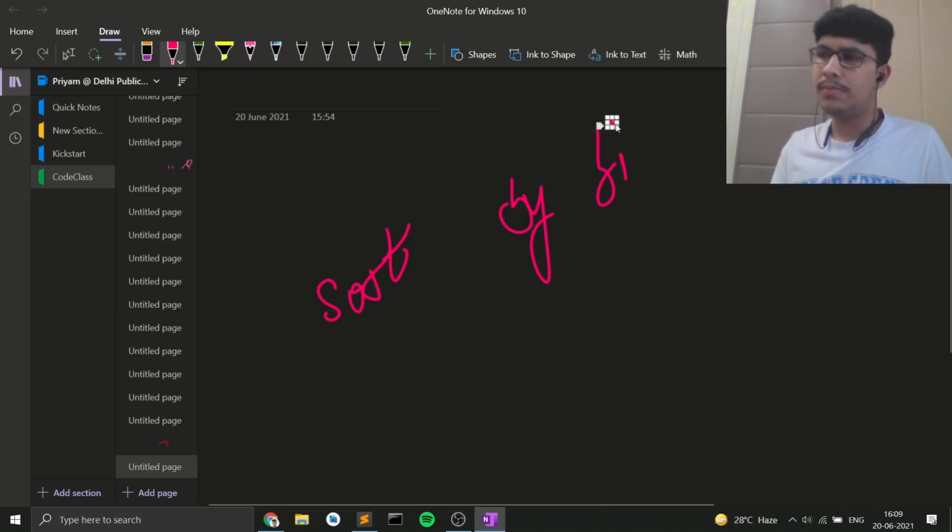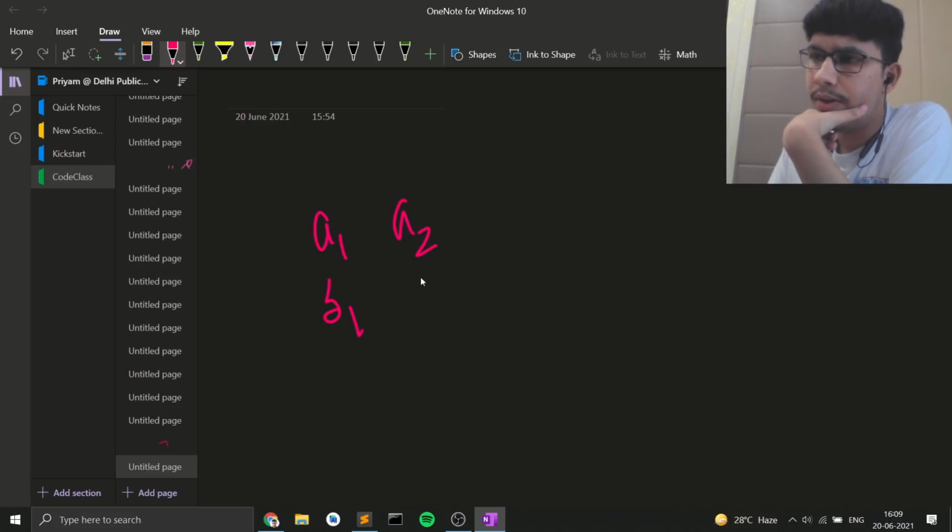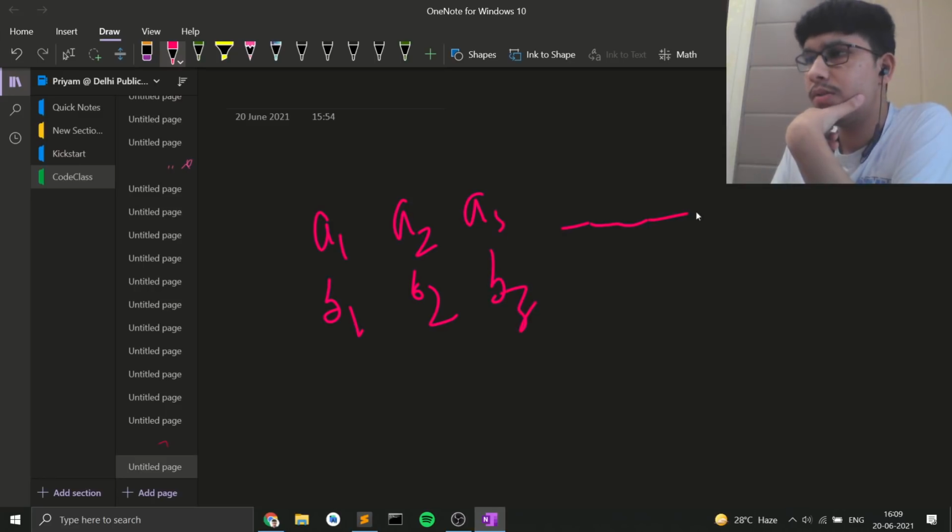So after sorting by BI, I will have my values like A1, B1, A2, B2, A3, B3, and so on up till An and Bn.